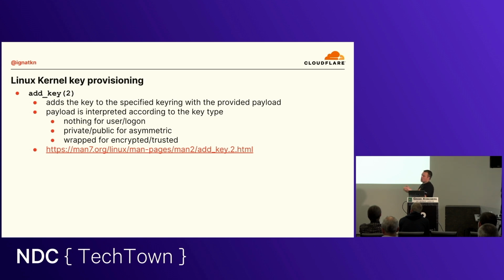The application is responsible for providing the cryptographic material, and the payload is interpreted according to the key type. So nothing is done for user or logon keys. You have to provide the plain text cryptographic material, private or public key for asymmetric keys, and encrypted and wrapped key for encrypted and trusted keys.